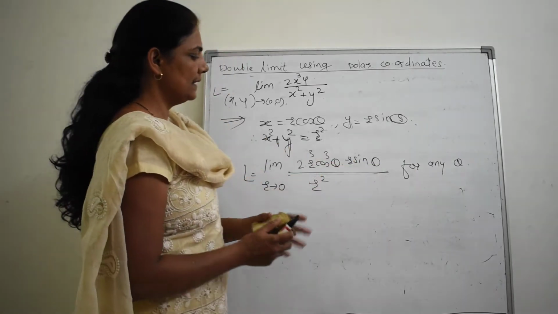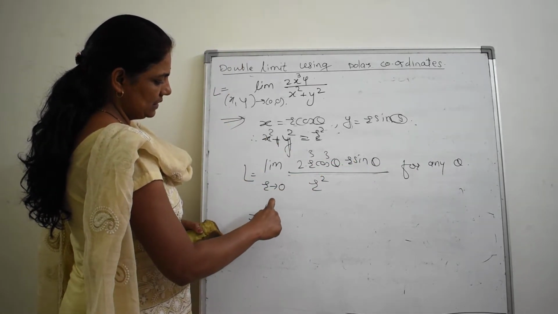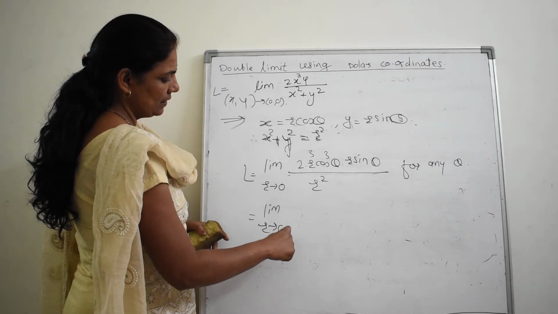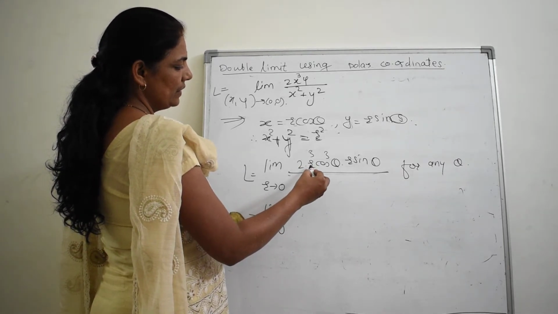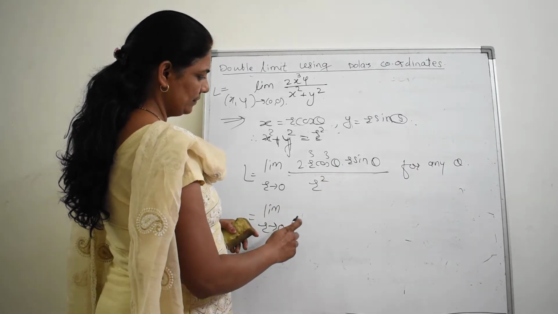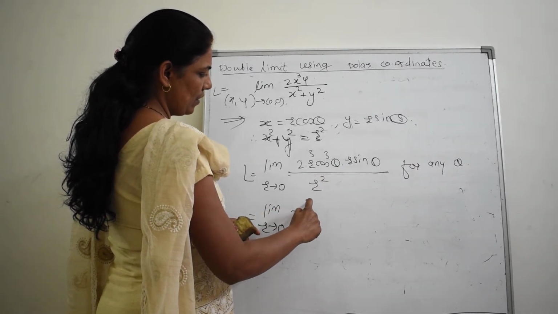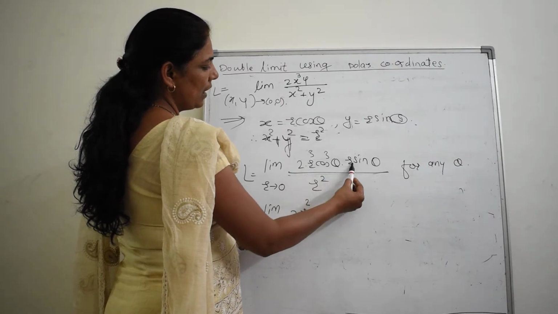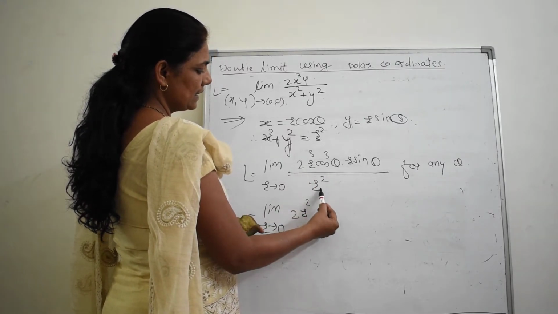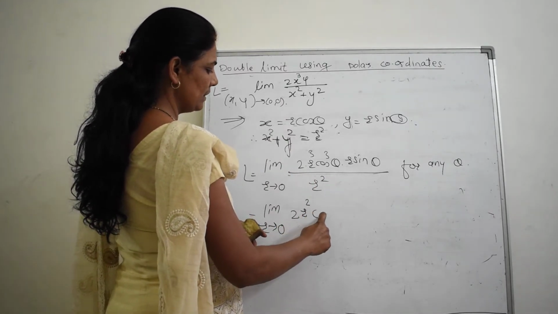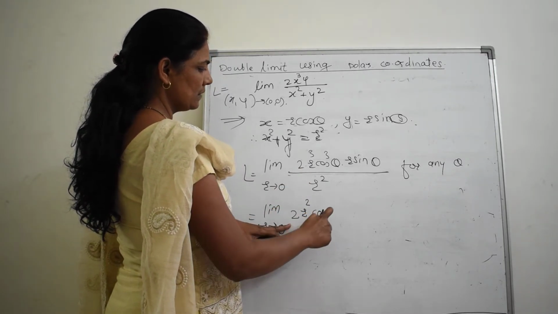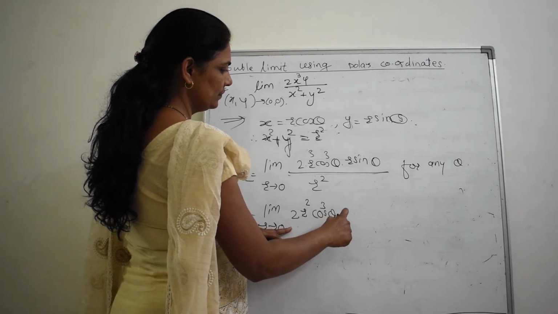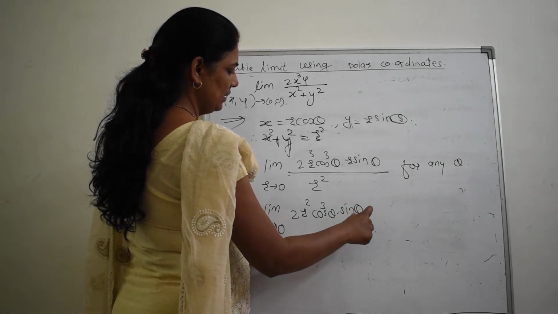Again this r square gets cancelled with r square. Here the power of r is r raised to 4, but r square gets cancelled, so only r square remains. After simplification we get 2 r square cos cube theta sin theta.